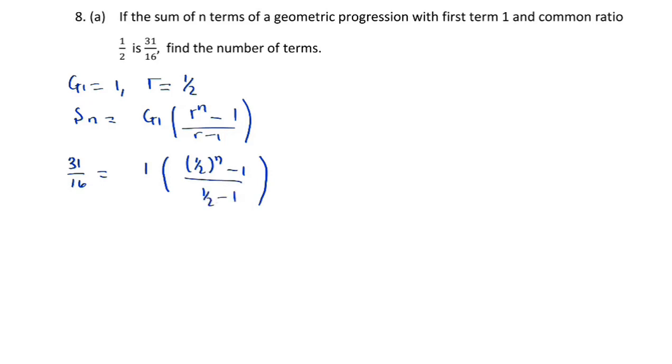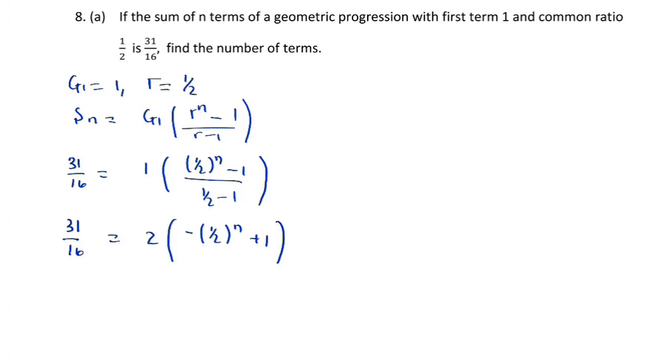Okay, so next let us simplify the right hand side. We are going to have 31/16 equals 2 times in brackets negative in brackets 1/2 power n plus 1.